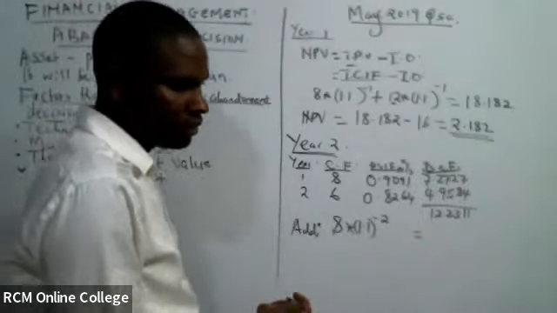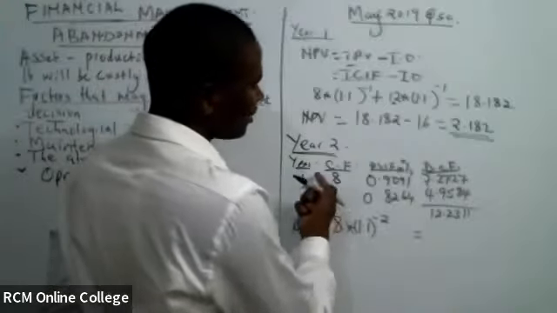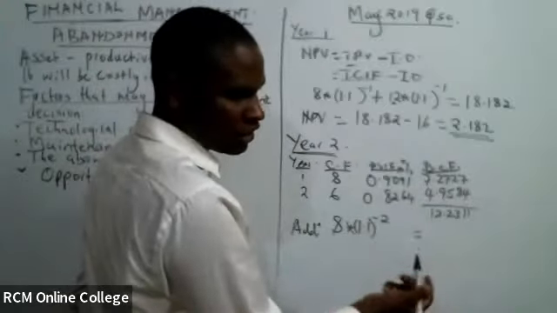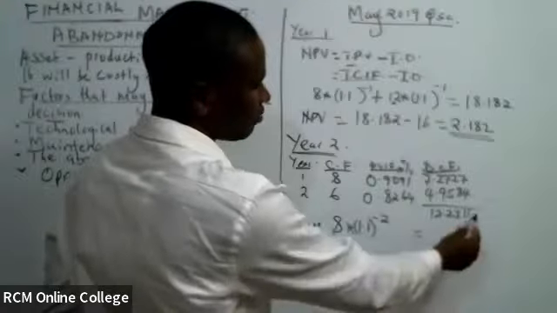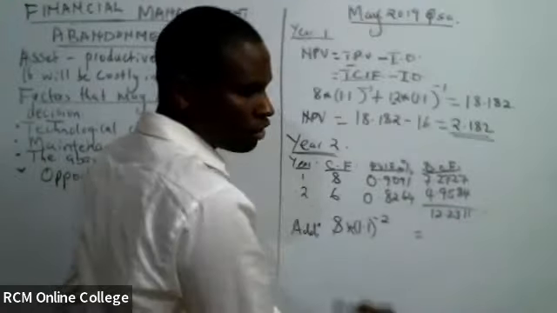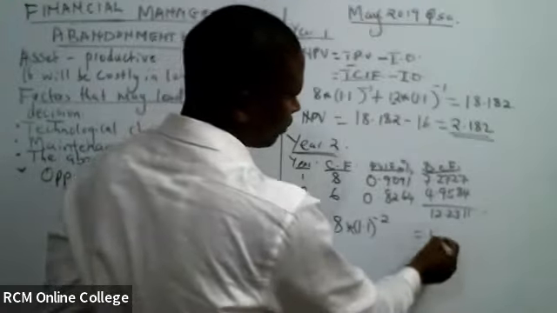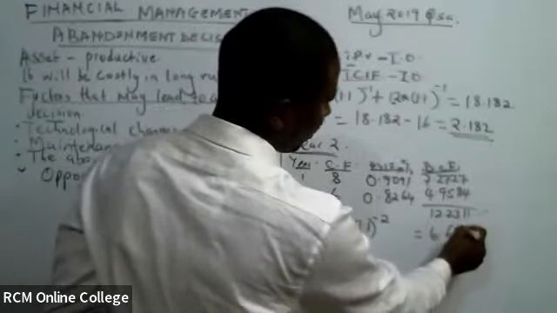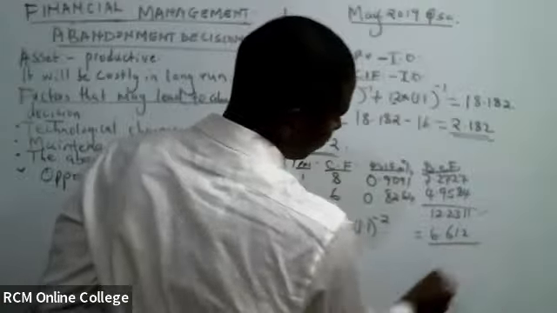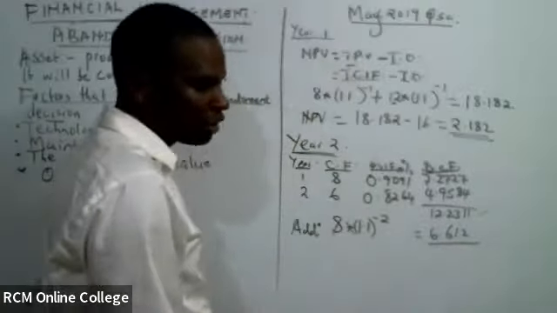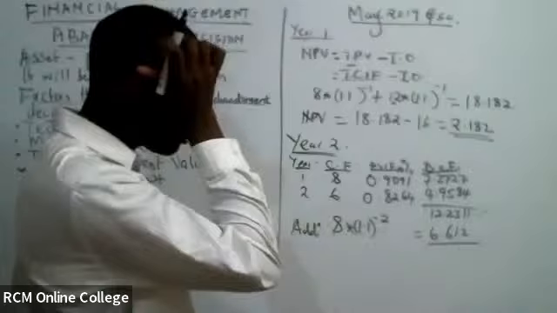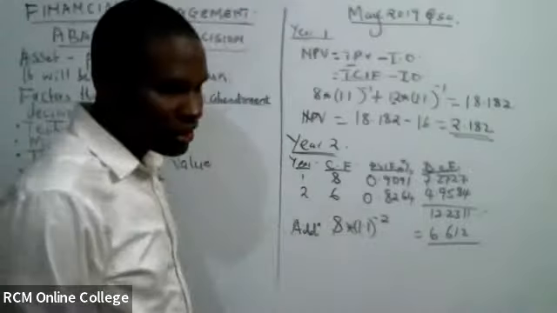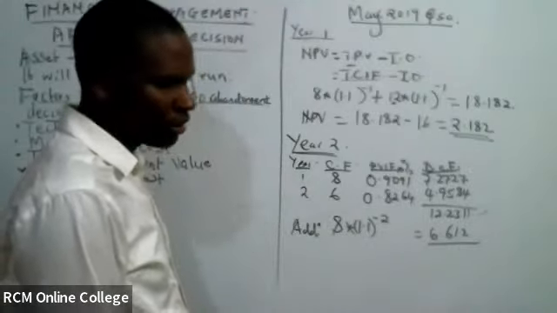How much will it be? So for year 3, I will not even repeat this. I will not keep repeating all these things. I will just pick this. The cash inflow, I add that of year 3. 6.612. So when I add all, how much shall I get? It is 18 something.